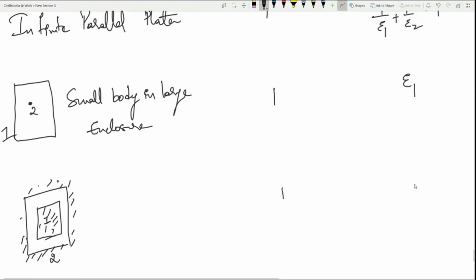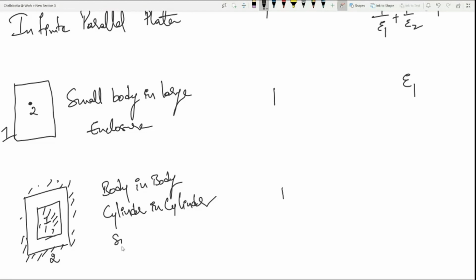So if you have a case like this, body in body, it can be a cylinder in cylinder or sphere in sphere. Both cases can be there. It can be a cube inside a cube.